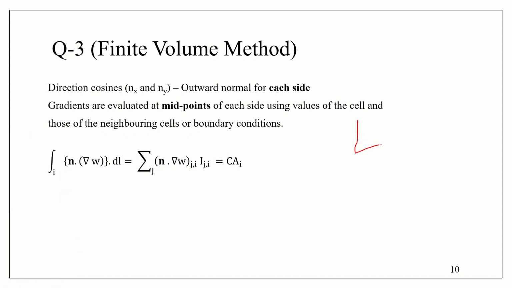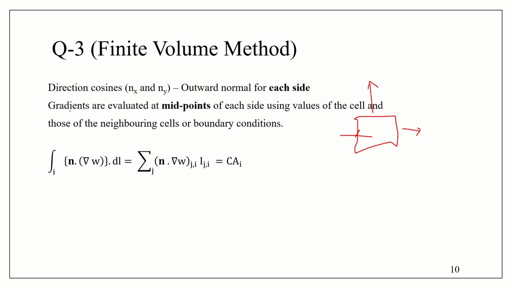For example, consider this. Direction cosines would be the outward normal for each side, and for all sides we would need to sum up. Gradients are evaluated at midpoints from the cell under consideration and those of the neighboring cells or the boundary conditions. So it can be from here to here or from boundary conditions, whichever is applicable.